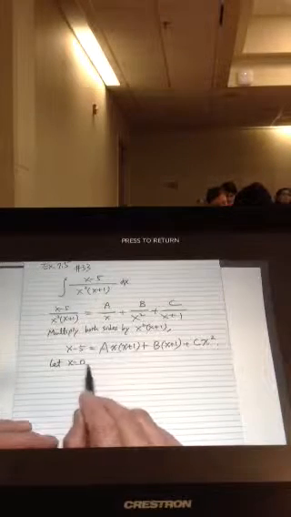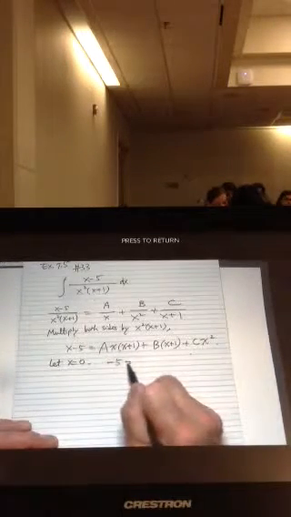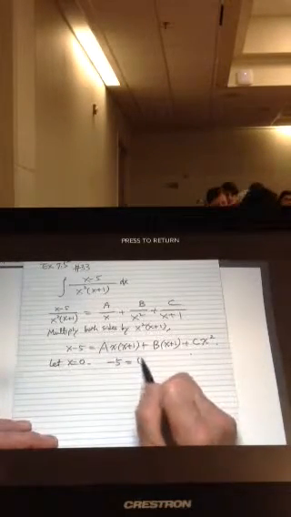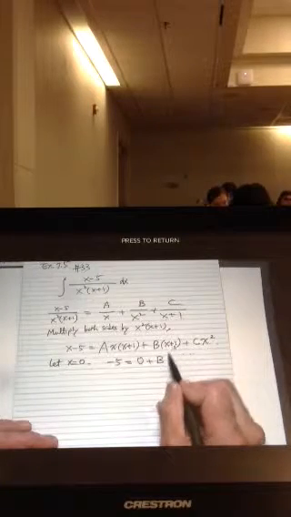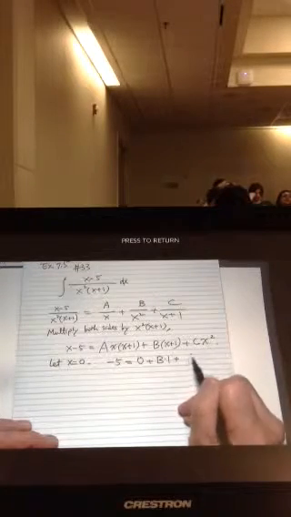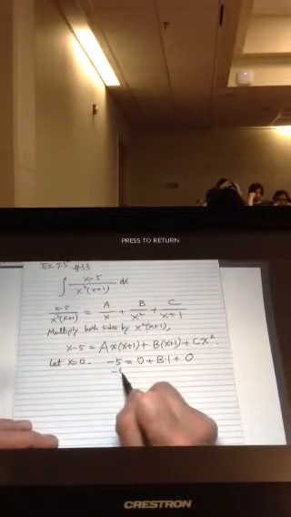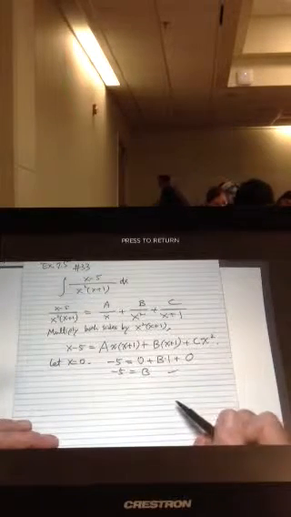So let x be 0, so I have minus 5 here, right? Equal to, now this is 0. B times 0 plus 1 is 1, times 1, plus all zeros times anything. So minus 5 equals B. So I get B is negative 5.